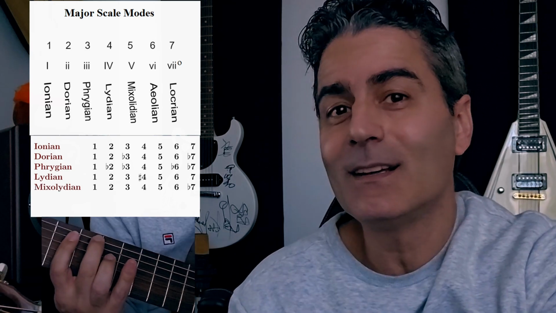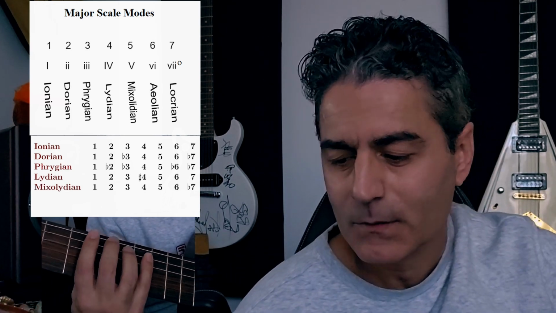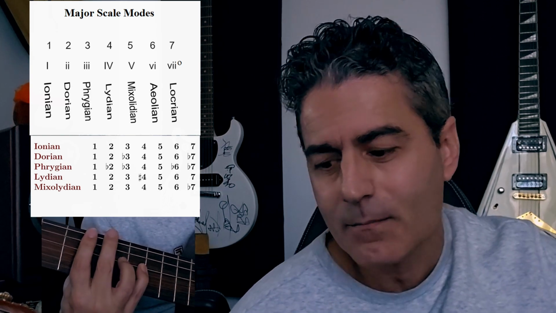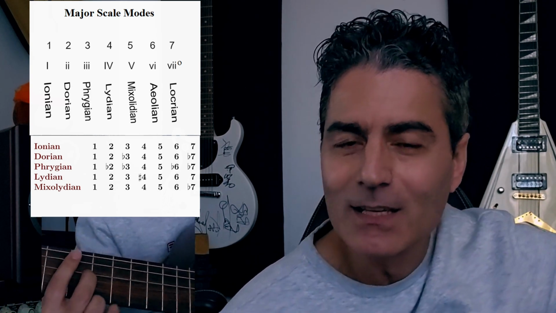Lydian. The Mixolydian has a flat 7. So it's the major scale. Okay, major scale, but it's got a flat 7 right here. Check this out.